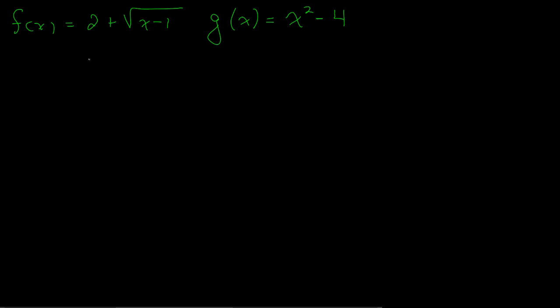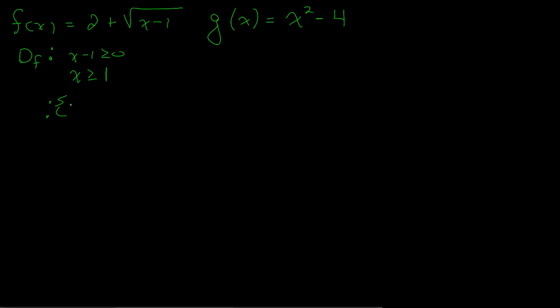So the first thing we want to do is find the domains. The domain is the first thing that you want to do when you look at your function algebra. So the domain of f has this restriction. x minus 1 has to be greater than or equal to 0, or x has to be greater than or equal to 1.